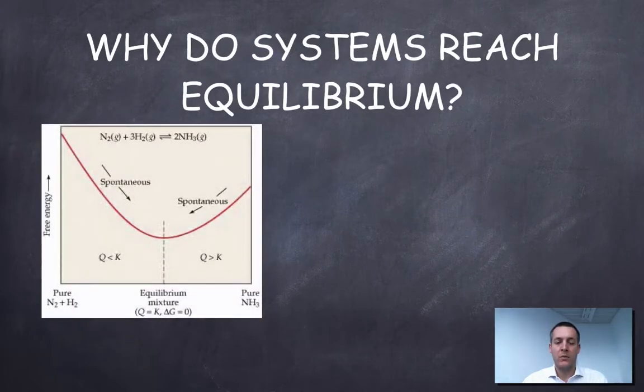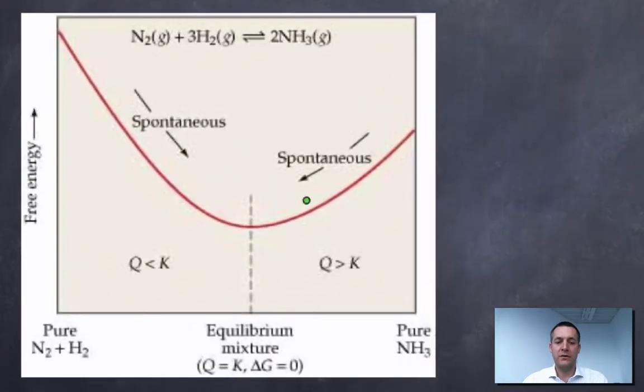Well, we know that if you take a reversible reaction system, like this one here, where nitrogen and hydrogen are reacting to produce ammonia, or alternatively ammonia is reacting to produce these things, then we will reach a position of equilibrium whether we start with pure reactants, so just nitrogen and hydrogen, or if we start with pure ammonia.